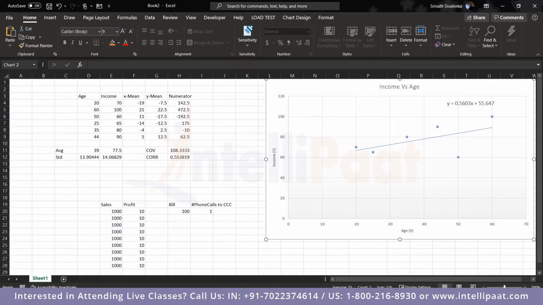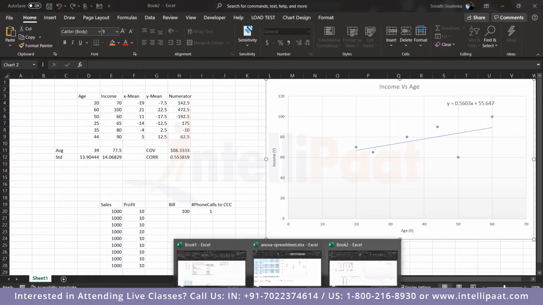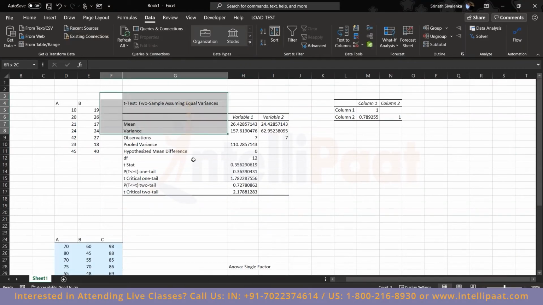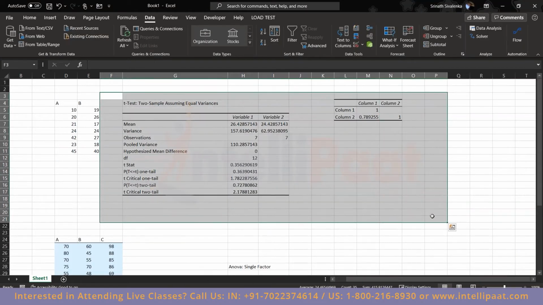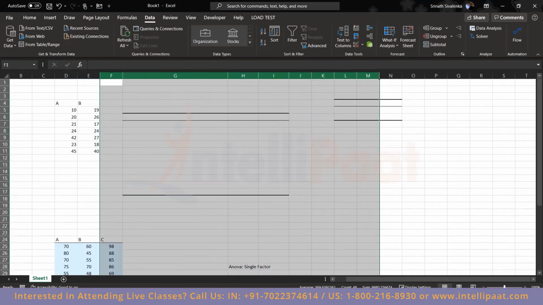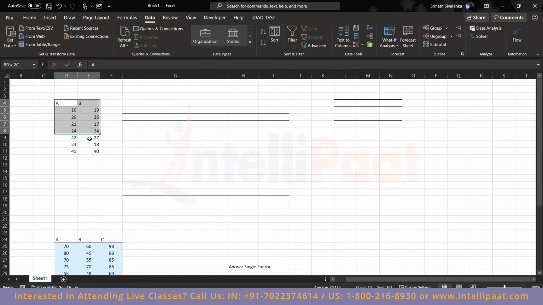For example, let's say I have a bunch of data, and I'd like to perform a quick t-test or some kind of ANOVA. Let's quickly try and do that.